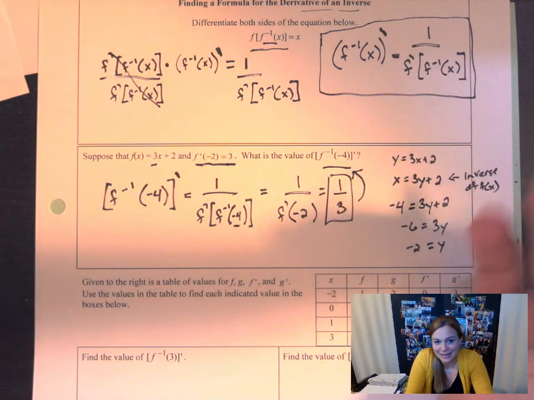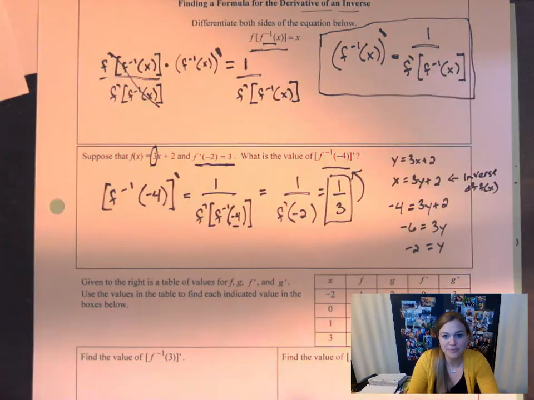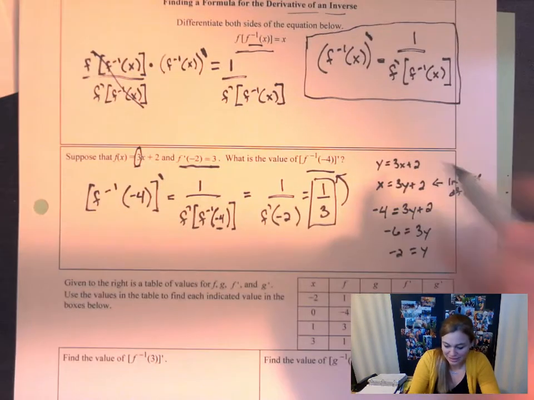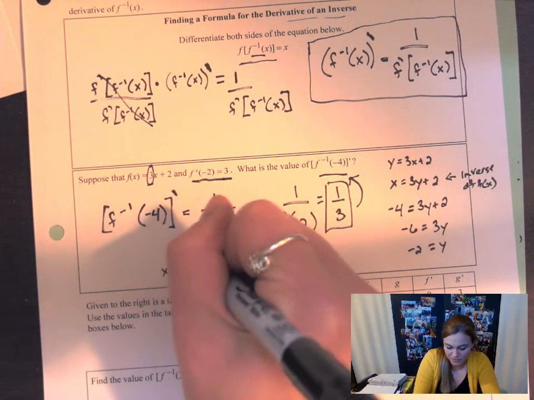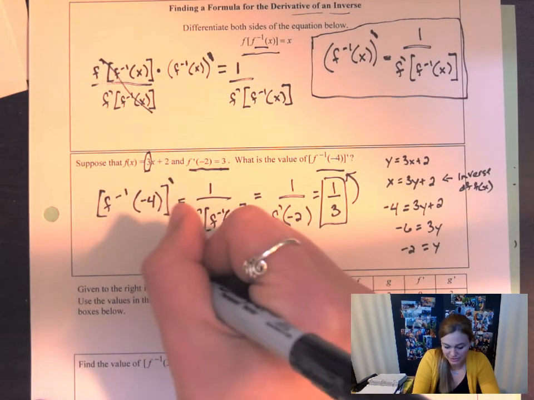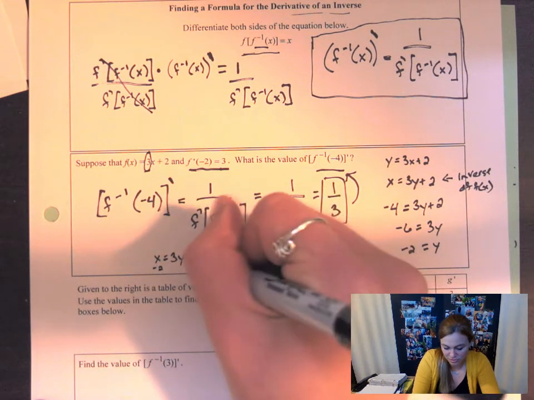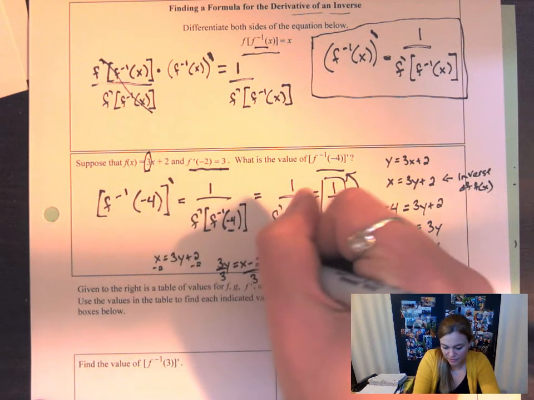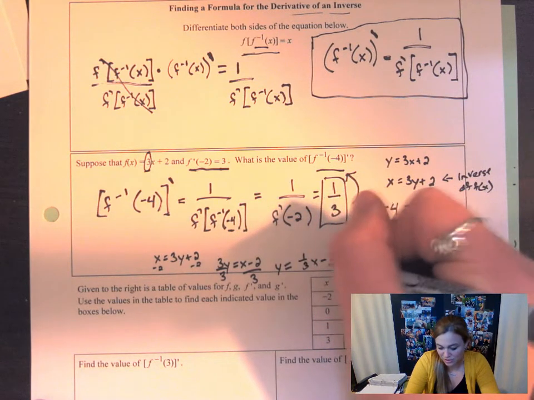This is fun because I just told you that the slope of f of x is always 3. If we would have kept going with this, x is equal to 3y plus 2, and we actually solved for y, subtract 2 on both sides, I would have gotten 3y is equal to x minus 2. Divide by 3. 1/3 x minus 2/3.